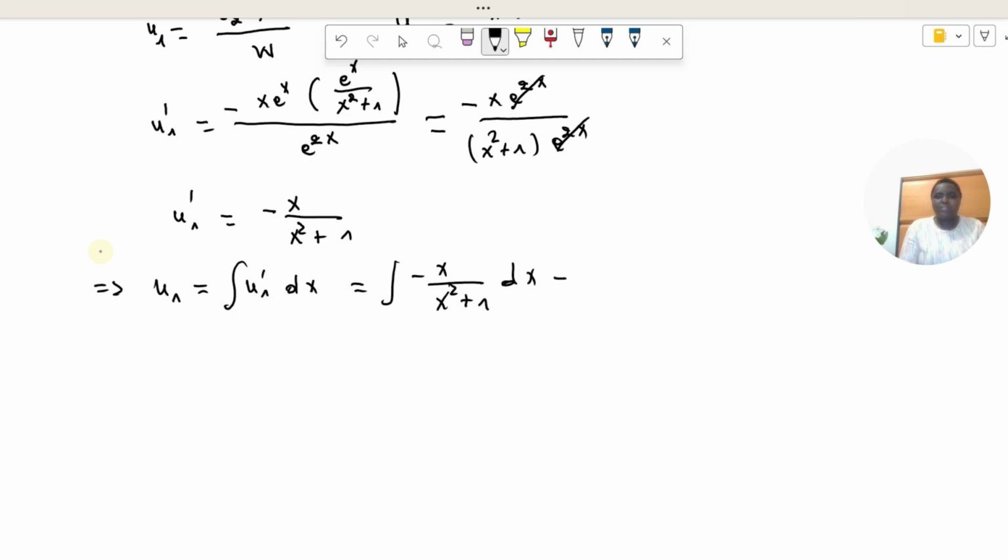And you can see that this is the same as minus the integration of x over x squared plus 1 dx.